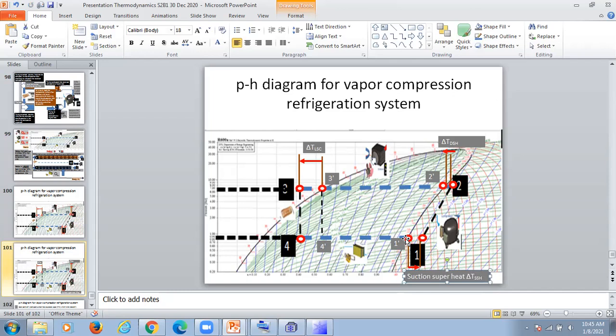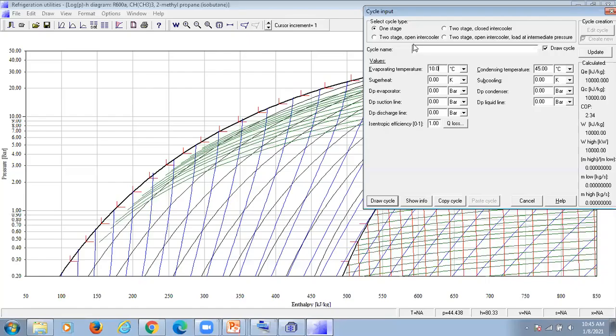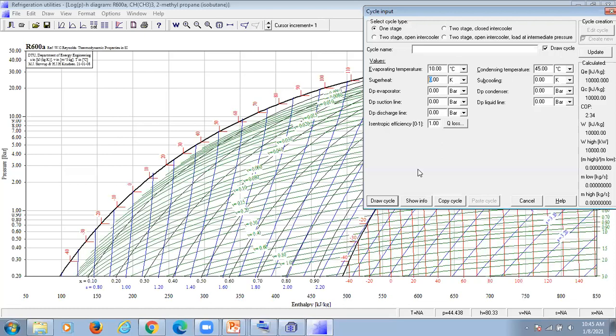So let's say this is a 5-degree rise, a 5-degree delta T. So you can have the Kelvin scale rise. Celsius or Kelvin, both are okay, because it's delta T, only a difference.